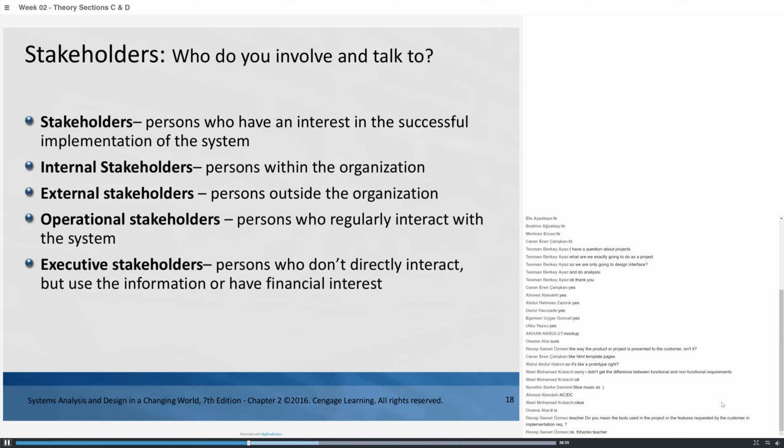And the executive stakeholders are those people who do not directly interact with the system, but either use information produced by the system or have a significant financial or other interest in its operation. Let me show it with a figure to you.